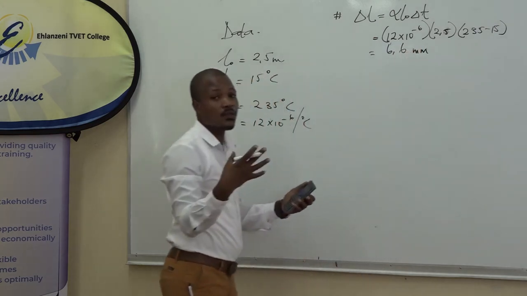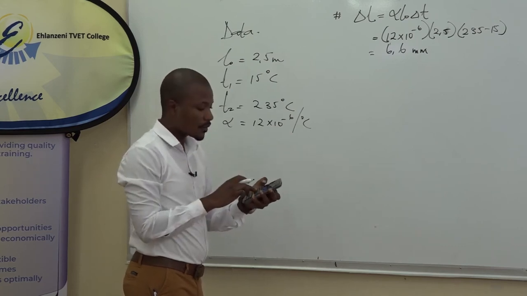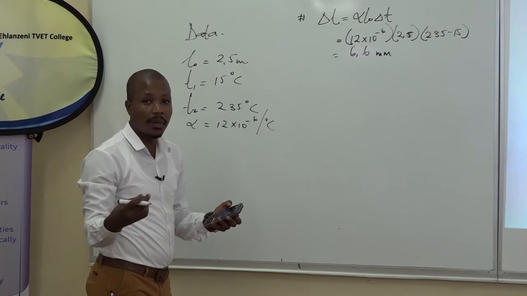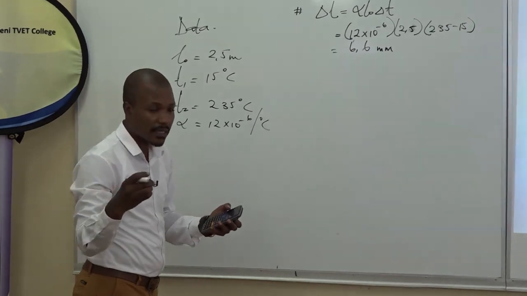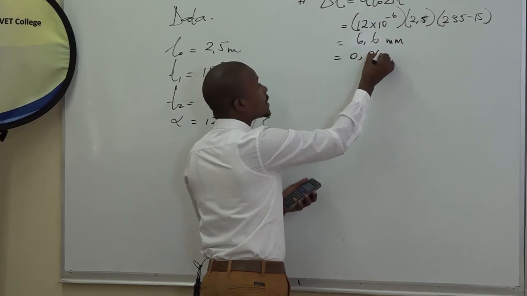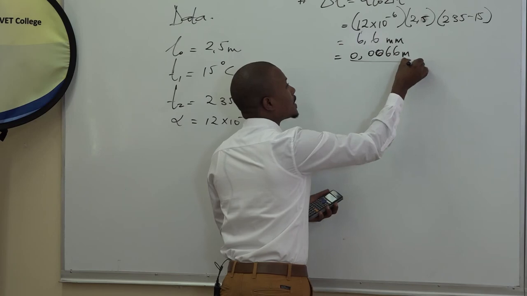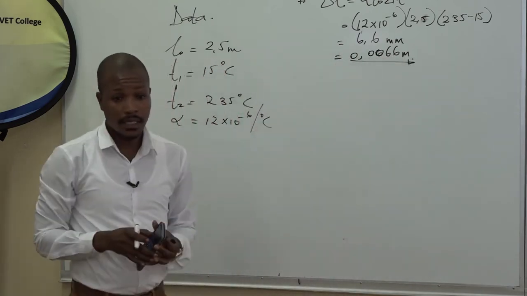But in most cases, when we work on this one, we need to work with meters. How do you go about converting that to meters? You divide it by 1,000. If you divide it by 1,000, you're going to have 0.0066 meters. This is the change in length.